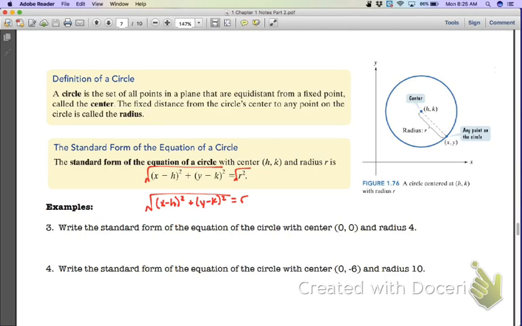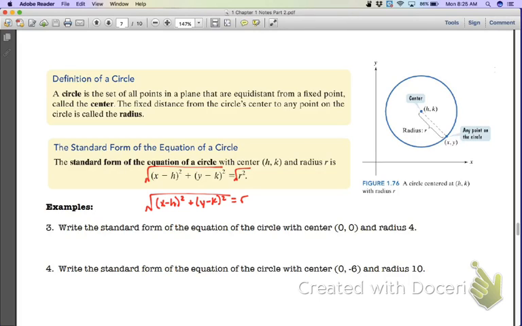The only thing different between the standard equation of a circle and the distance formula is obviously the letters or the variables that we're using. But other than that, it's the same thing. It's still two x values that are getting subtracted and then squared, added with two y values that are getting subtracted and then squared.